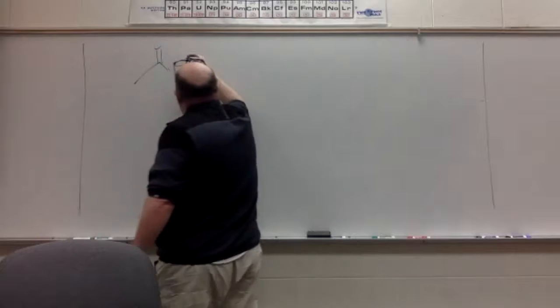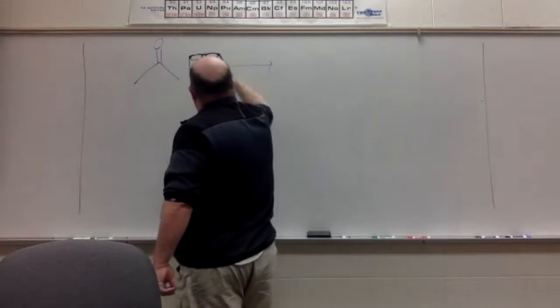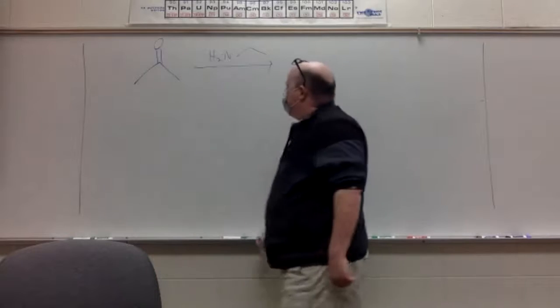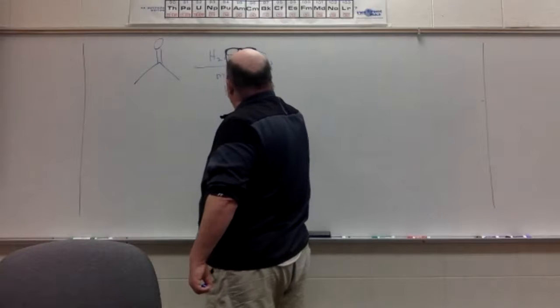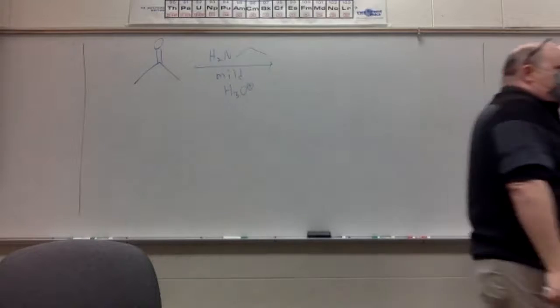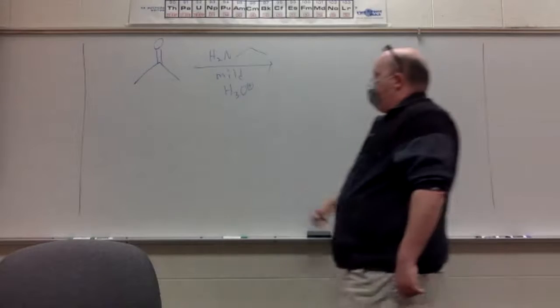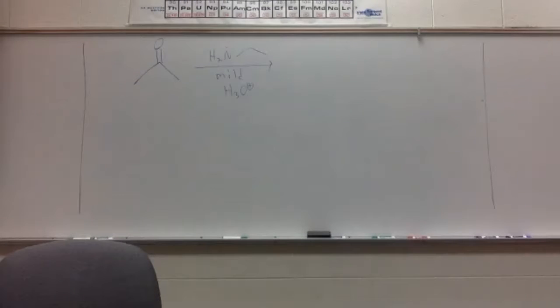We'll just show this with acetone and this. I forgot you also need mildly acidic conditions. Okay, so that's the basic setup. Now, what type of amine is this? Primary, secondary, or tertiary? It's primary, so keep this in mind. We're working with a primary amine.